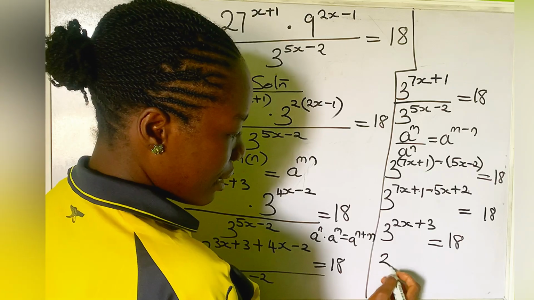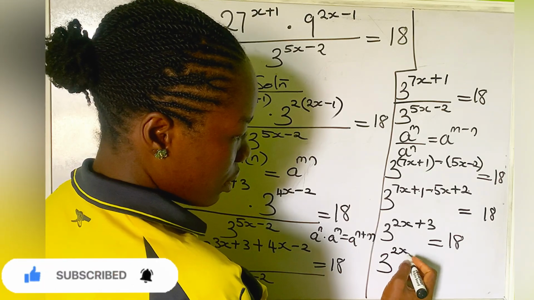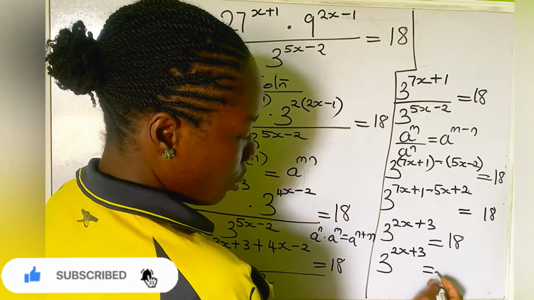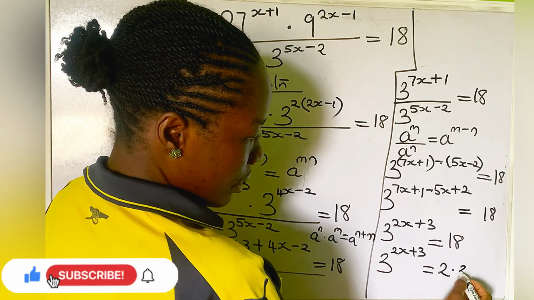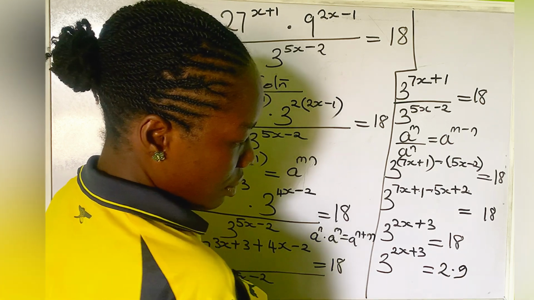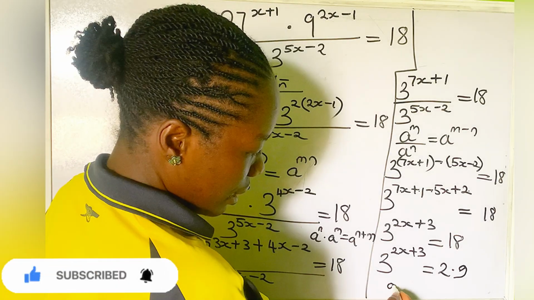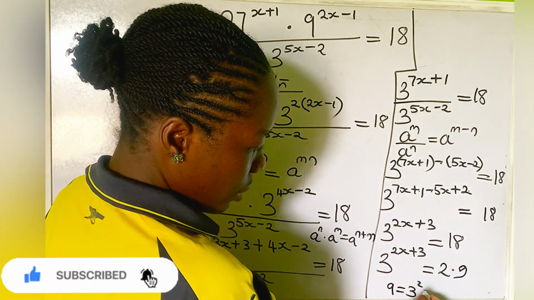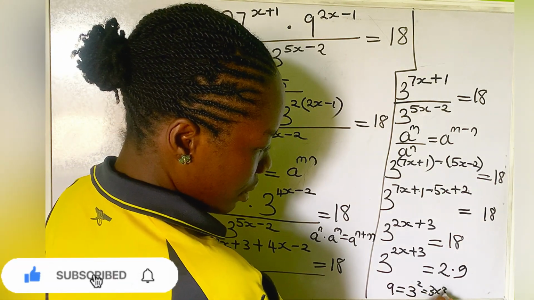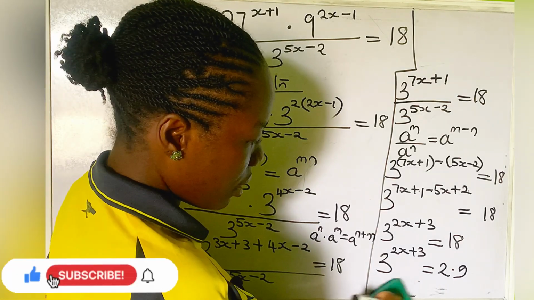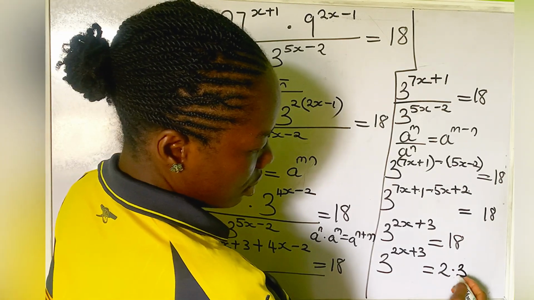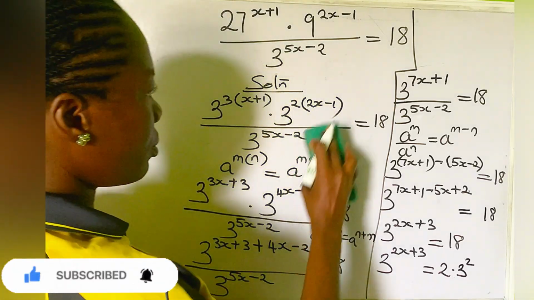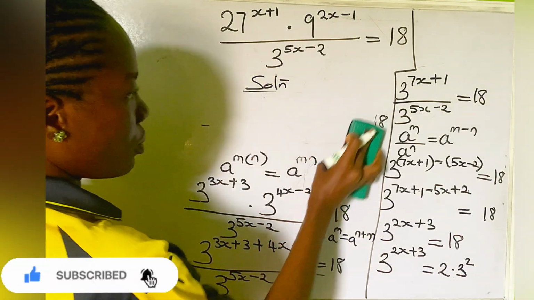So we can write 18 as 3 to the power of 2x plus 3 is equal to 2 multiplied by 9, right? And 9 can be written as 3 squared, which is 3 times 3. So let's replace that with 3 squared. Yes. Okay, so we'll continue.